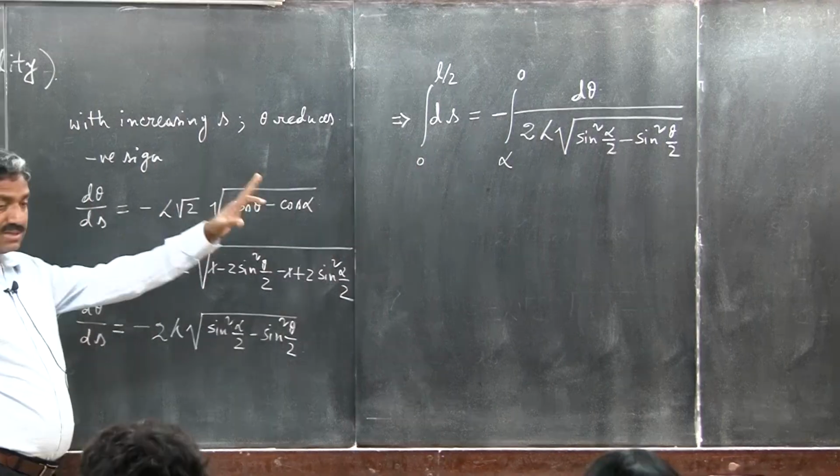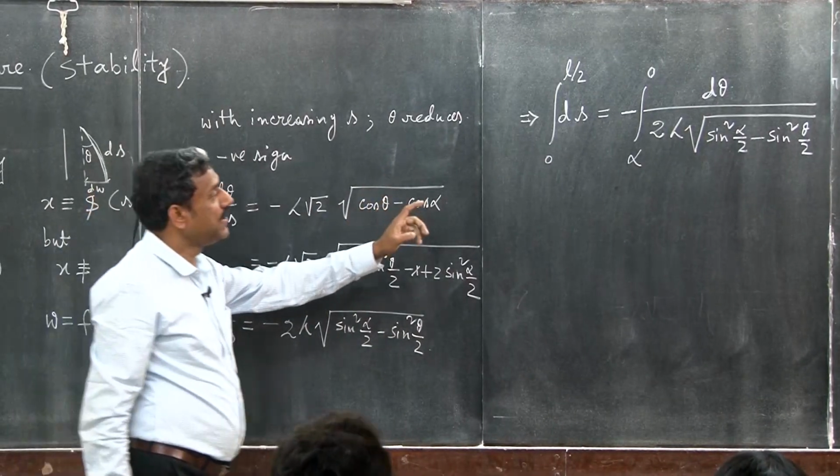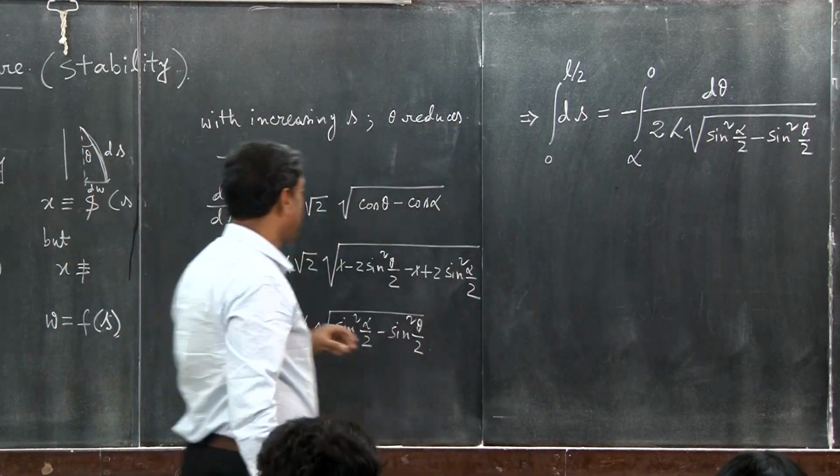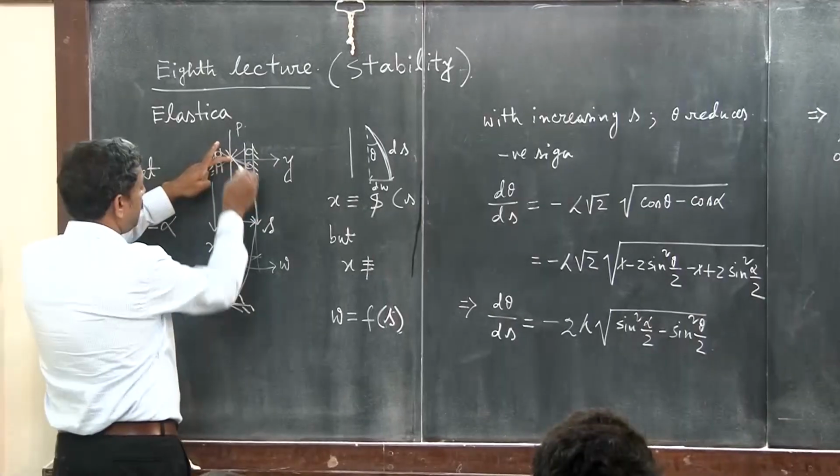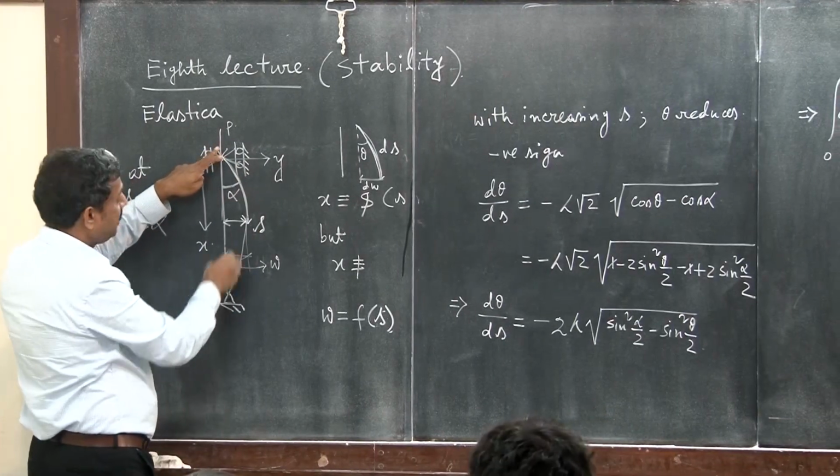From here, I am separating ds like that, right? Now I am going to integrate. What am I going to integrate? I am going to integrate from here to here. It is symmetric, right? From here to here.